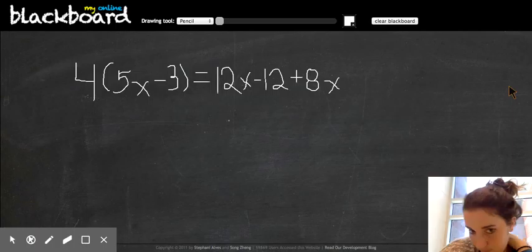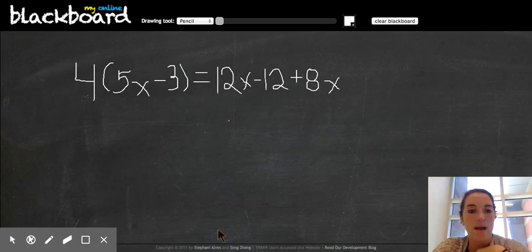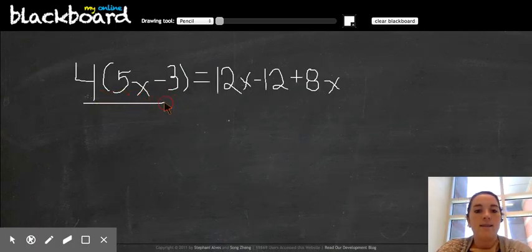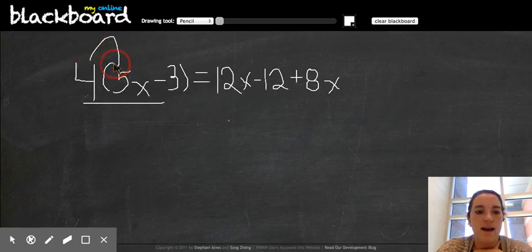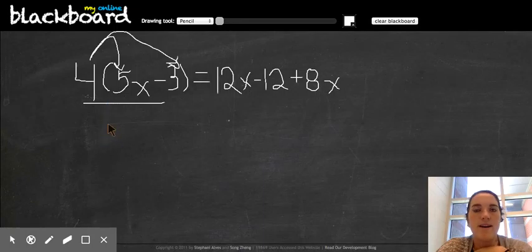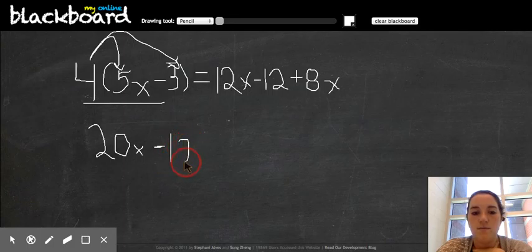All right, for the next problem, how can we start by simplifying it? How can I simplify this side of the equation? Right, I can distribute. That's always a good first way to start. So 4 times 5x is 20x. I keep my subtraction sign. And make sure that you distribute the 4 to the 3 as well. Minus 12, because I did 4 times 3.